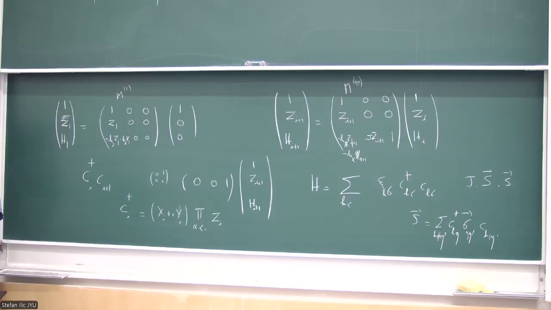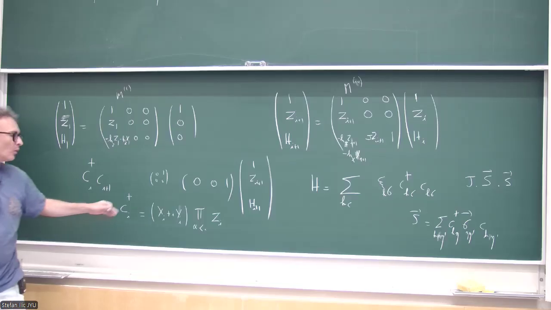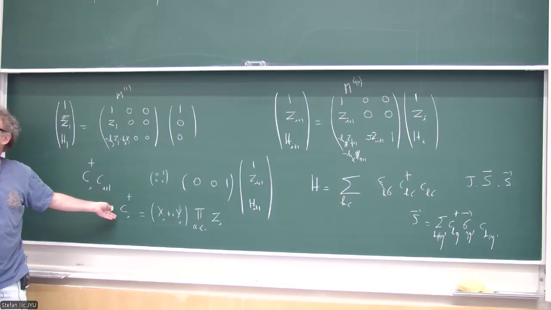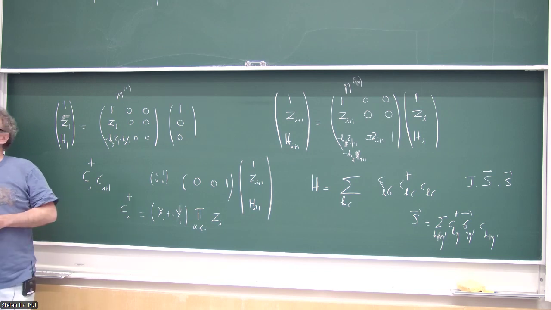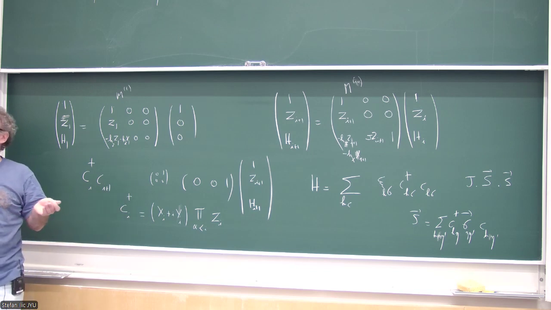Most people have all kinds of tricks to optimize their MPO and MPS when you know that it is a fermion problem. For instance, if you know that it is a fermion problem, then you have particle conservation. And particle conservation would mean that in your MPS, you actually have blocks of different particle numbers.